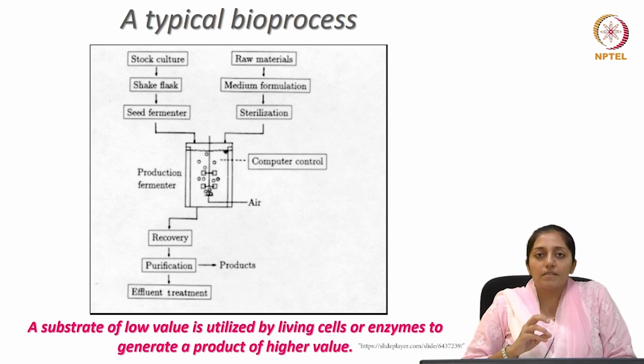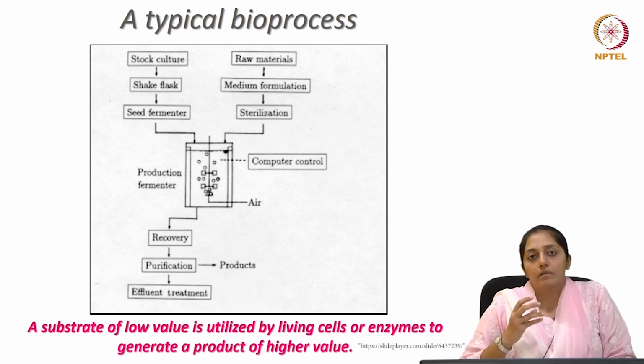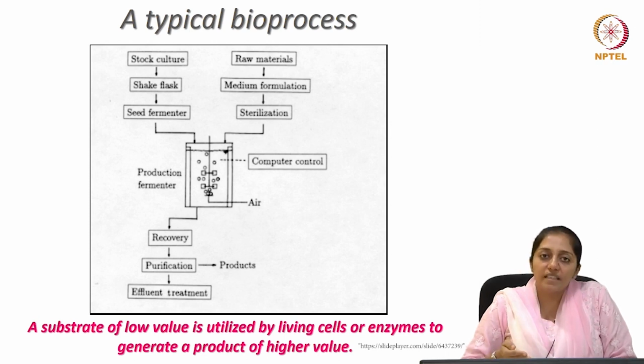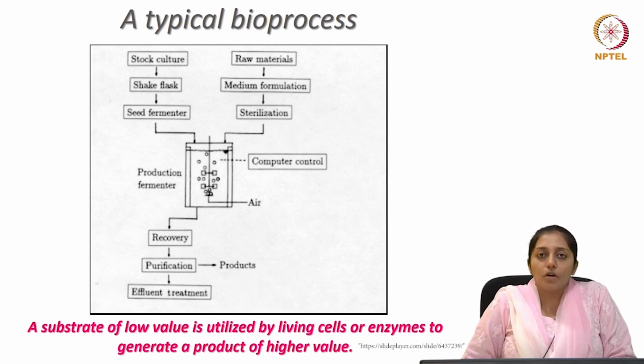At the shake flask level, you can optimize the medium composition to find the right medium nutrients for maximum product formation, and shake flask studies are also used for screening of cell lines or finding the highest yielding cell line. So from the stock culture, you make a working stock by bringing it to shake flask level.